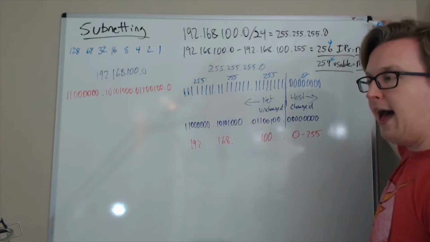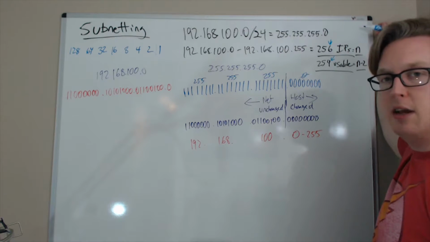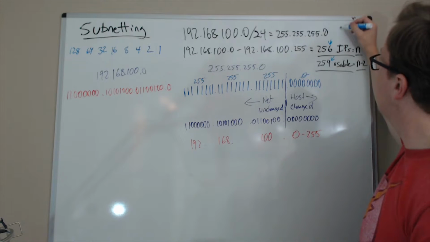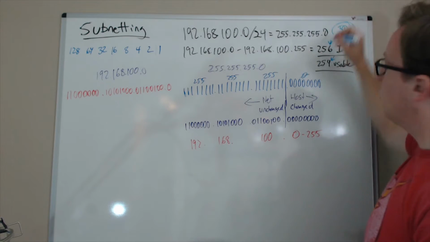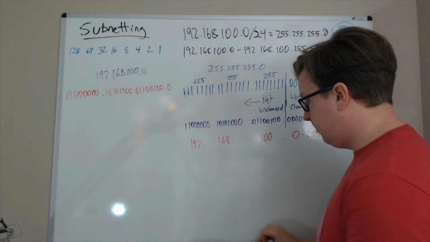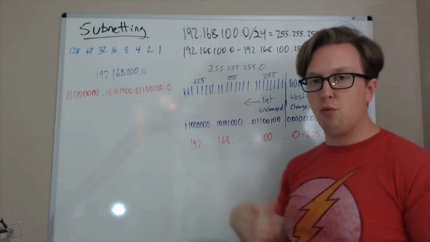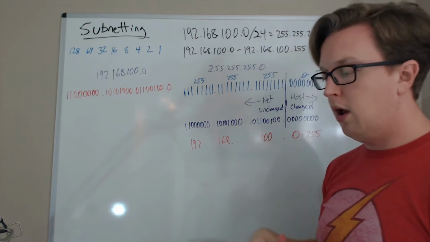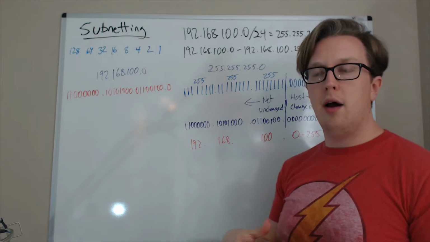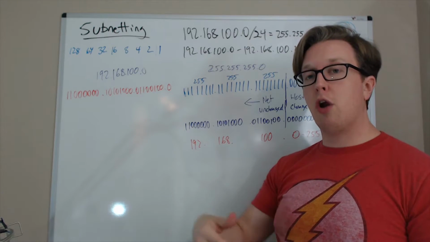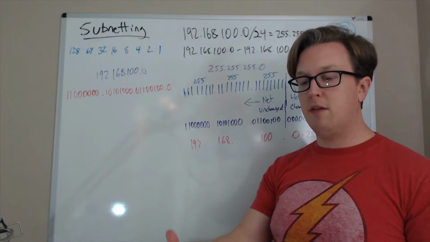But let's say we have 50 users on our network. Generally speaking, in real life, when you set up and size a network, you're going to assume a certain amount of growth.